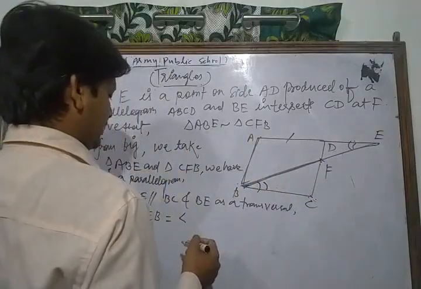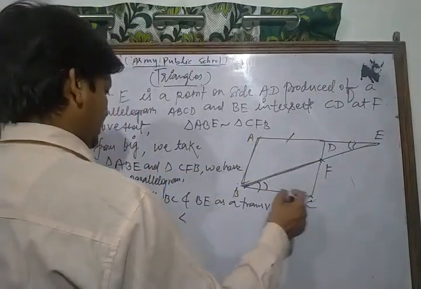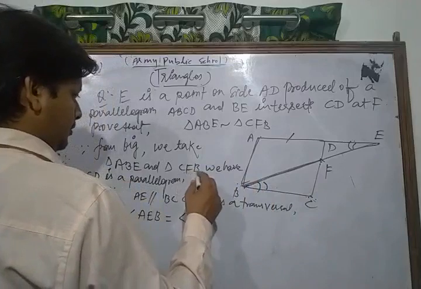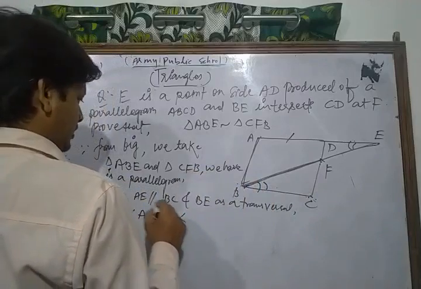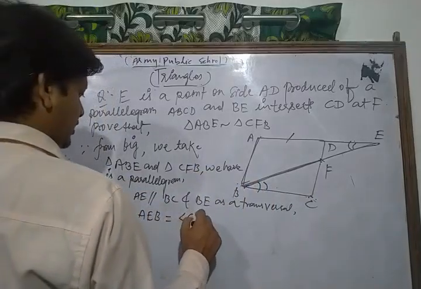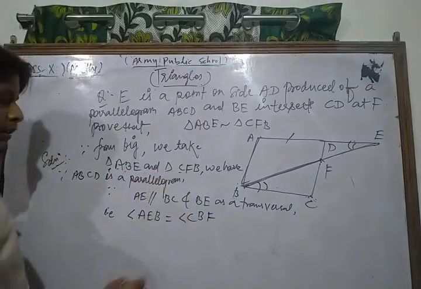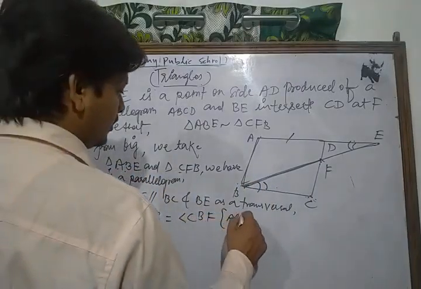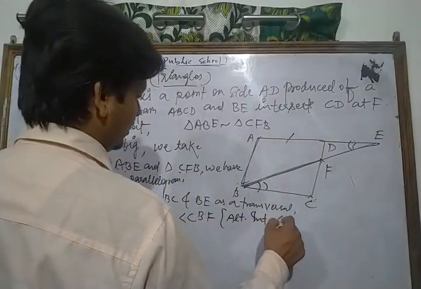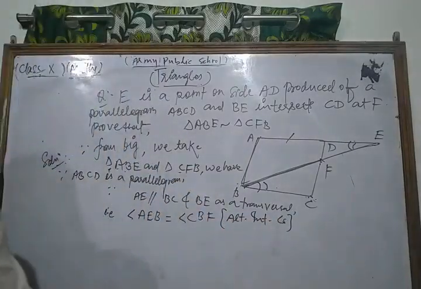AEB is the same as what? CBF. AEB is equal to CBF. These are the alternate interior angles.